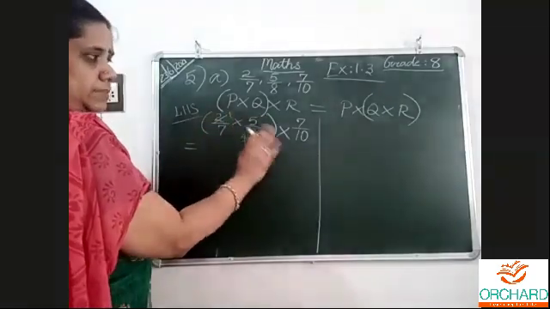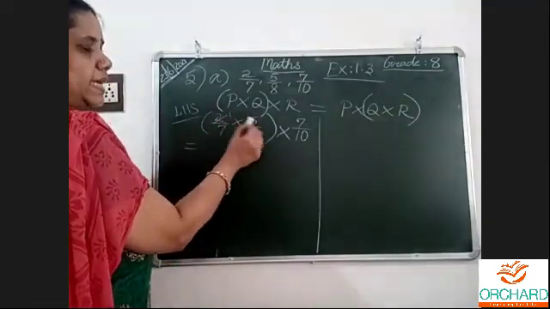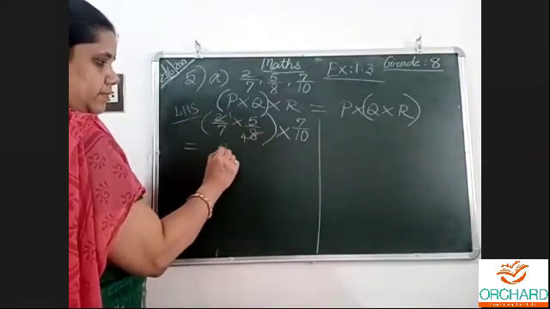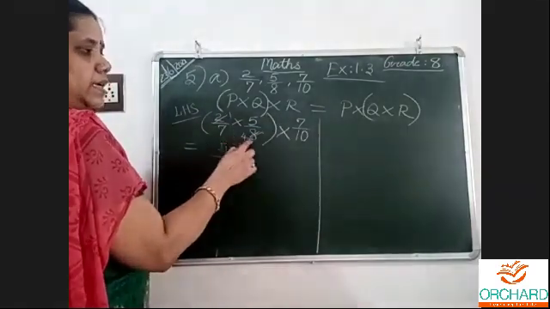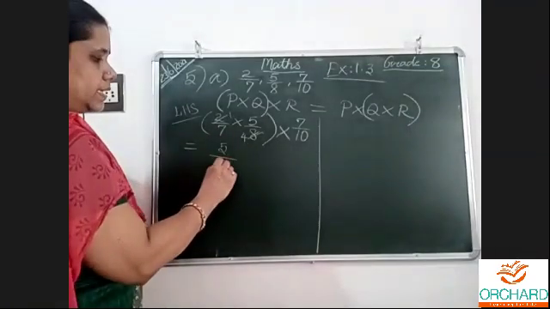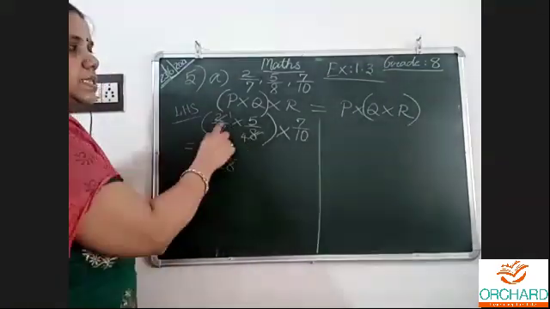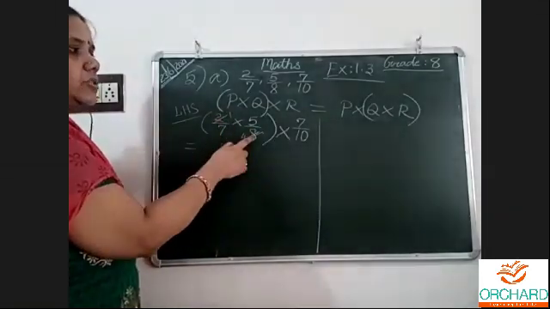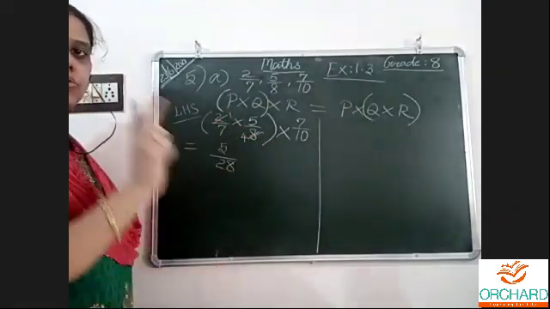That much only we can do. So 1, 5 ones are 5. 4, 7 fours are 28. This is the number. I just cancelled 2 and 8 with the 2 table.